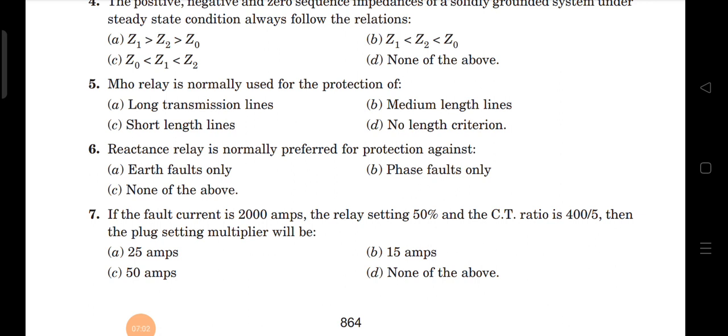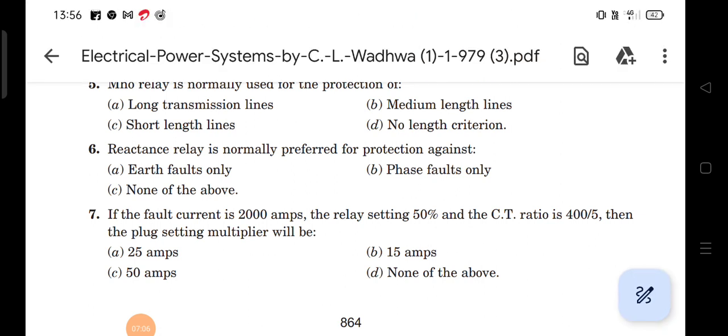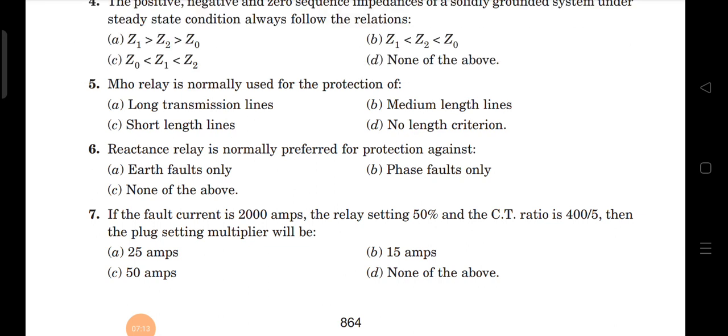The formula for plug setting multiplier is fault current divided by rated current into CT ratio. From the given problem, the current flowing through the secondary of the CT is 400 by 5, that means the rated current is 5 amperes.